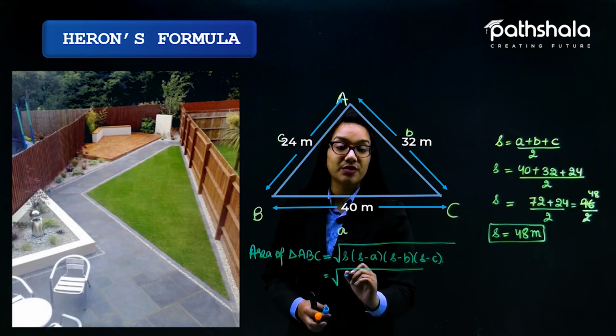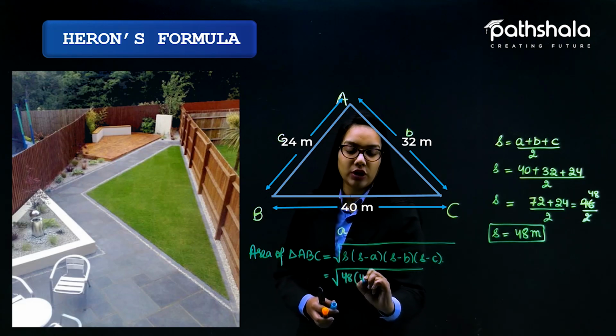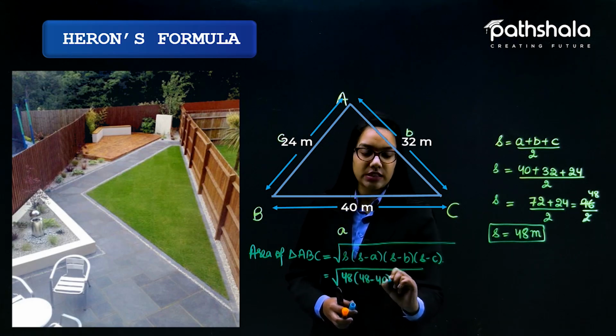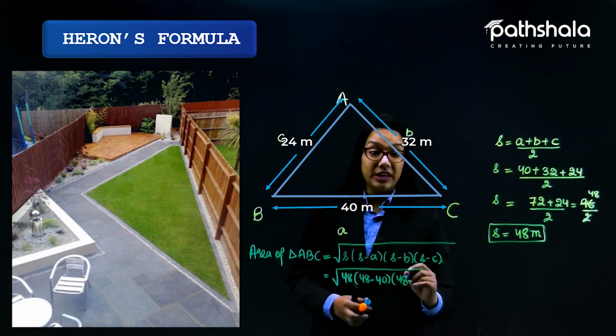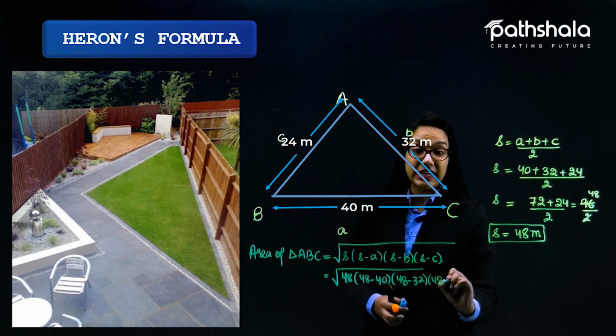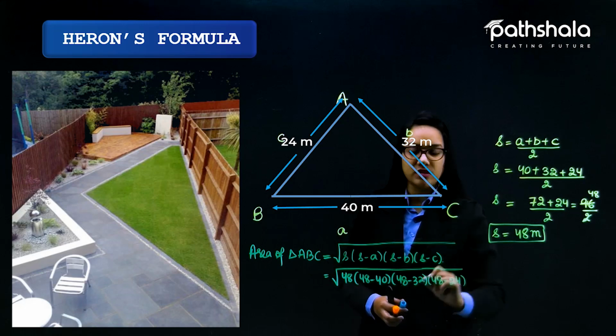So this would be 48 minus a, where the value of a is 40. Further we have 48 minus b, where b is 32, and further we have 48 minus c, where c is 24, all under one square root.